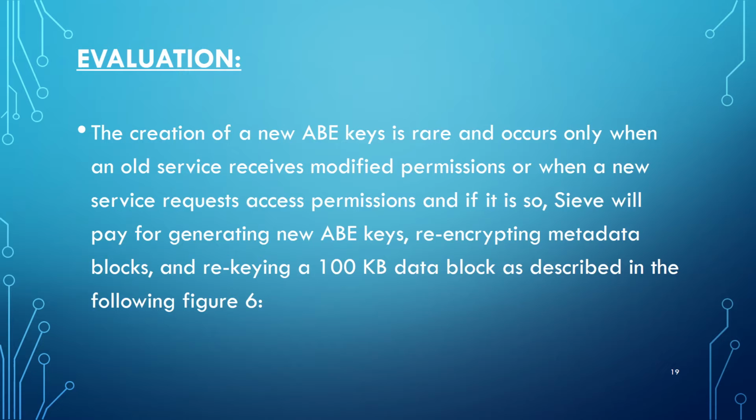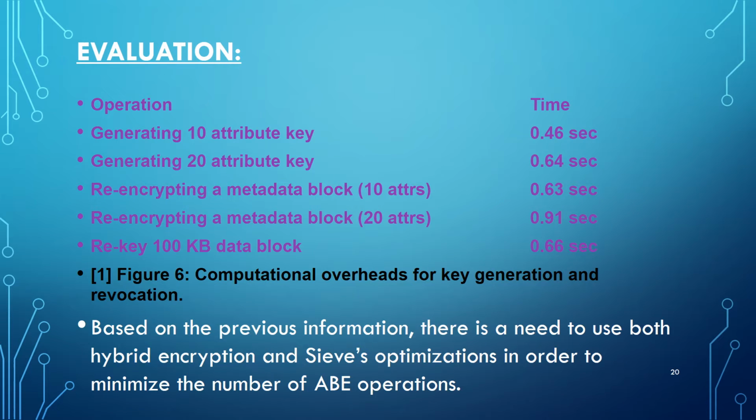So there will be a cost in there. That's another con. It's rare, but it can happen because Sieve needs to generate new ABE keys, then re-encrypt the metadata blocks and rekey a 100 kilobyte data block, as described in the figure. As you can see in the evaluation, the operation time when it generates 10 attribute keys is 0.46 seconds.